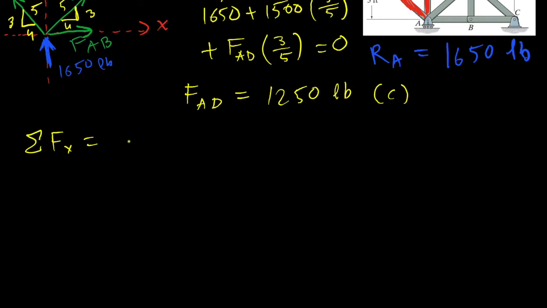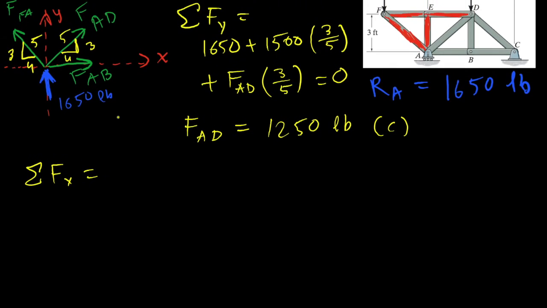So starting off, let's look at the contribution of FA. So that is going to be minus 1500 times 4 over 5, plus we have the contribution of FAD, which we calculated to be 1250. So that is going to be 1250 times 4 over 5.